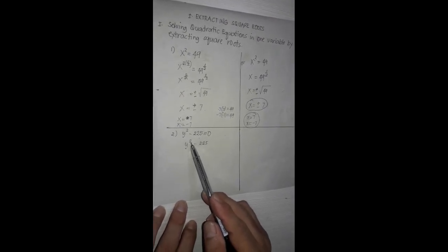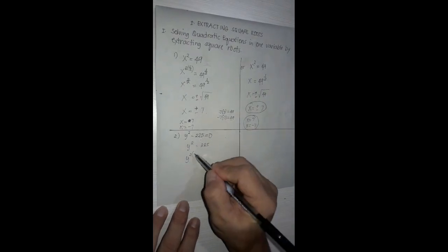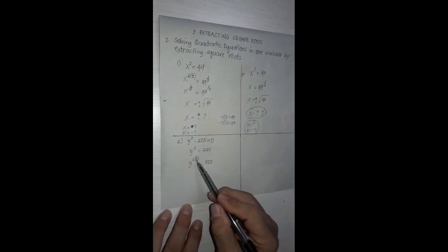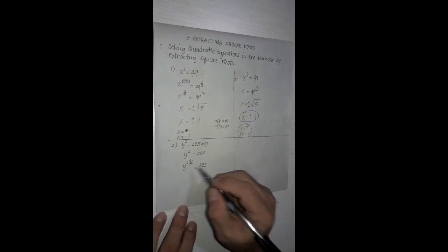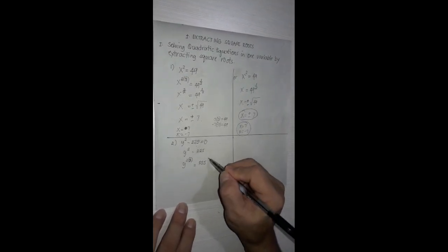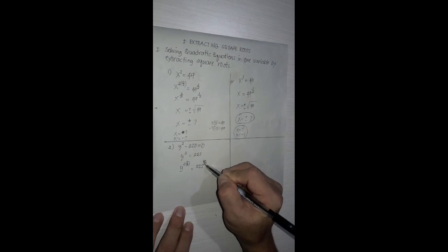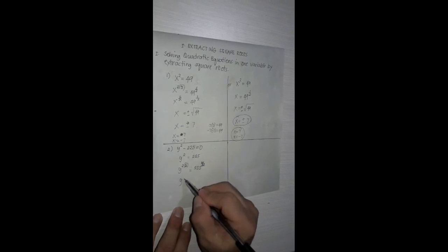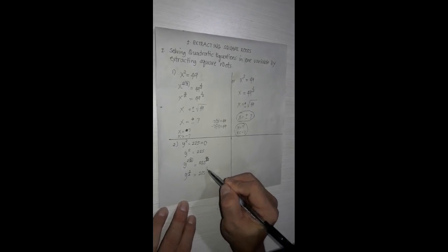So eliminating the exponent 2 using the long method, y squared, then multiply it by its reciprocal, which is 1/2, equals 225. What is added to the left side of the equation should be added also to the right side of the equation. We added 1/2, then we write 1/2. So y, 2 times 1/2, 2 times 1 is 2 over 2, equals 225 raised to 1/2.